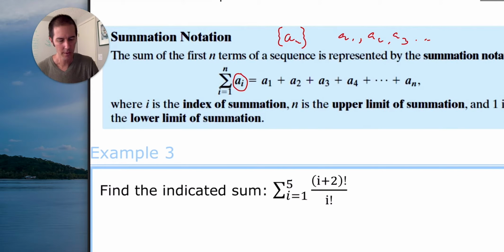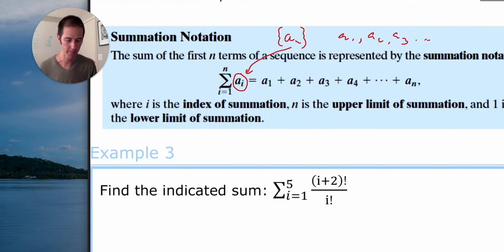So this is pretty much what's happening right here. And it's going to give us, as we see in example 3, some kind of formula that we will use to generate the terms of the sequence. What's different here is that we're then going to add the terms of that sequence.